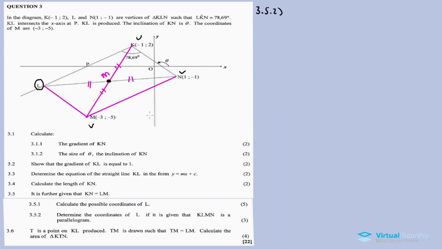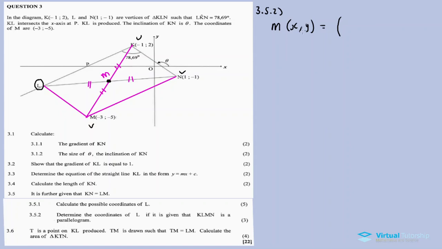So here we want the coordinates of L, right? So let's start by calculating the midpoint. So the midpoint, let's say the midpoint is x and y, which is equal to, I use K and M to find the midpoint.